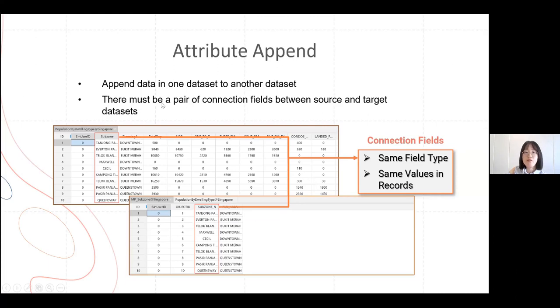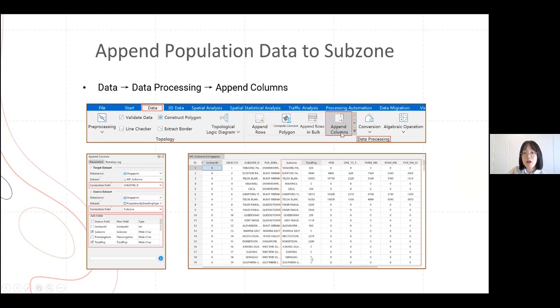And then the tool we're going to use for attribute append is Append Columns, under the Data tab in the group of data processing, and choose the correct connection fields. And then we can successfully add the fields we need to our vector data set.